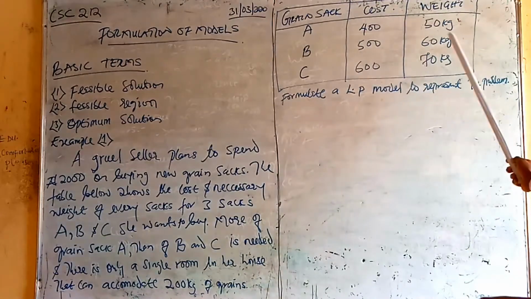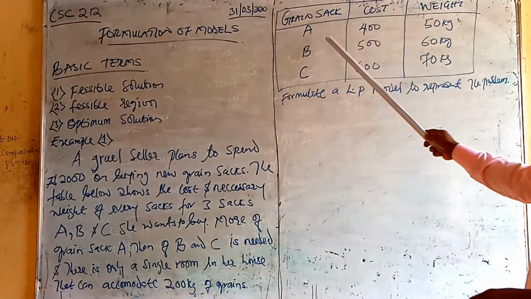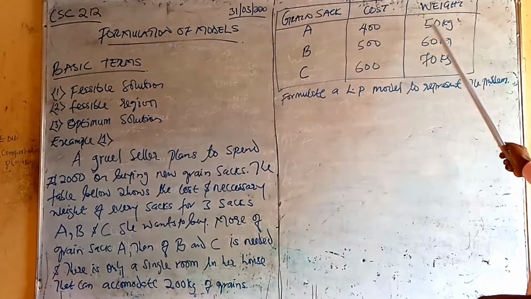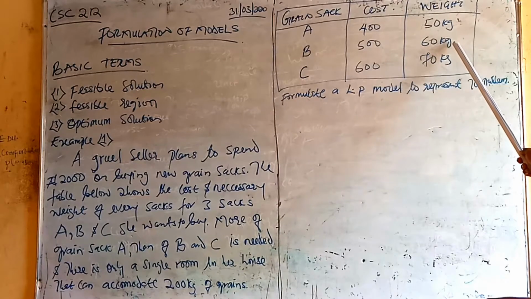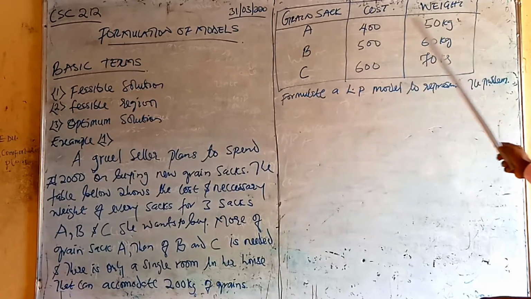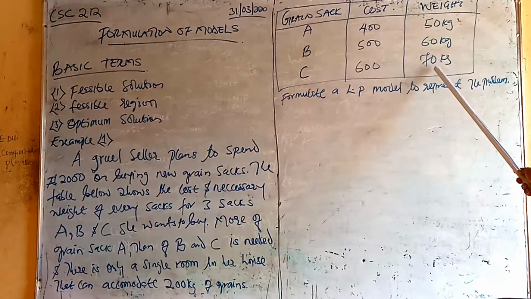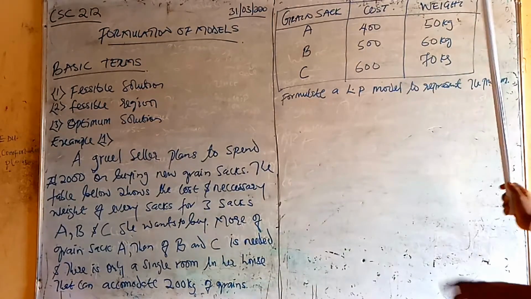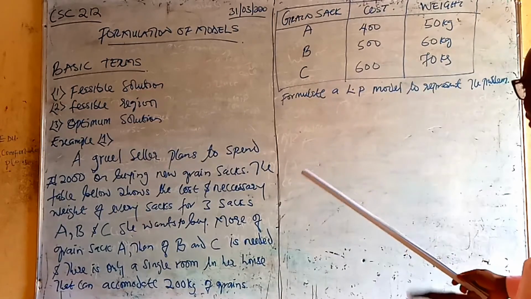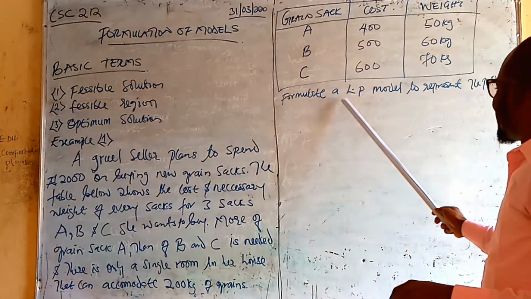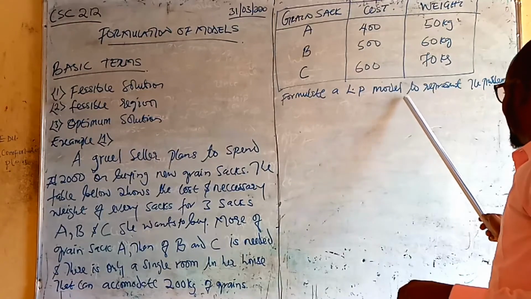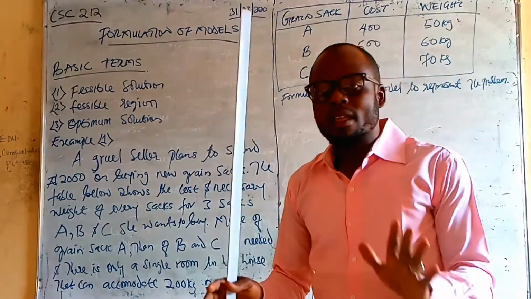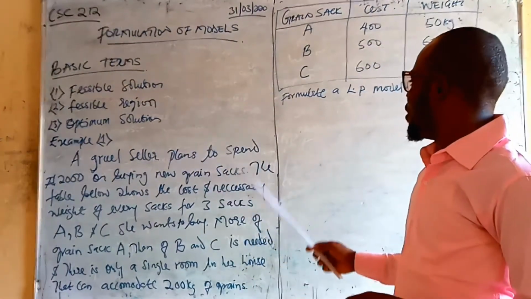This is the weight for every sack: sack A weighs 50 kilograms, sack B weighs 60 kilograms, and likewise sack C weighs 70 kilograms. All we are asked to do now is to formulate a linear programming model that represents the problem.